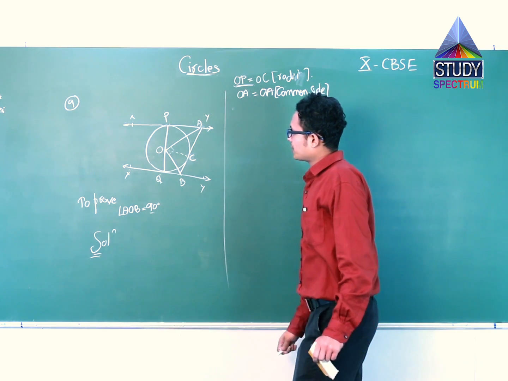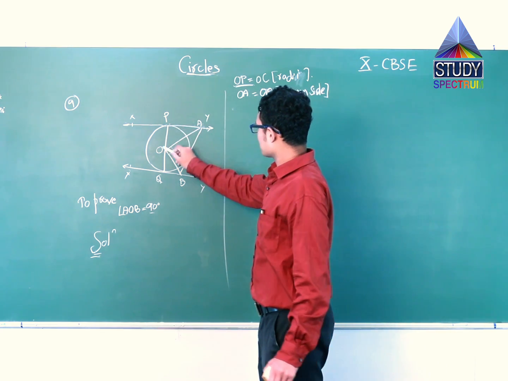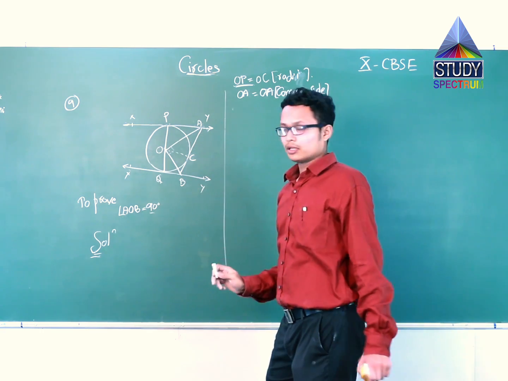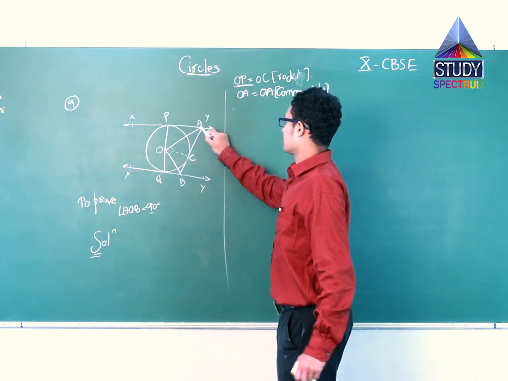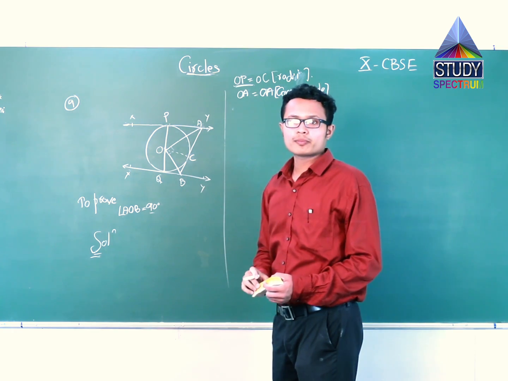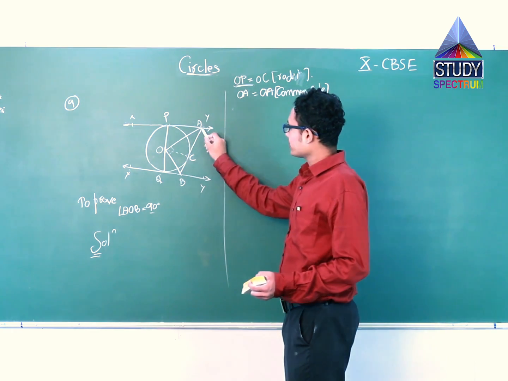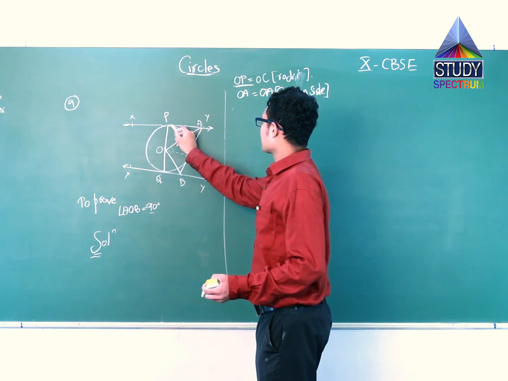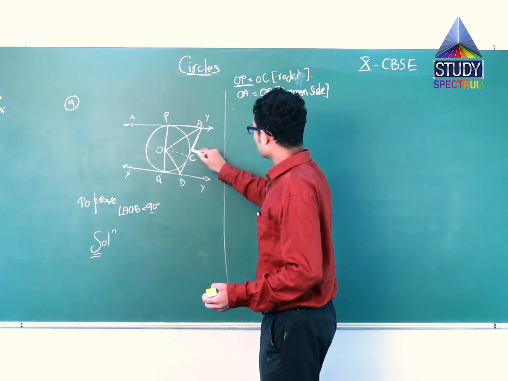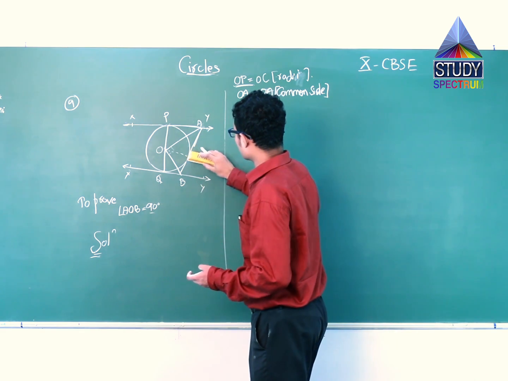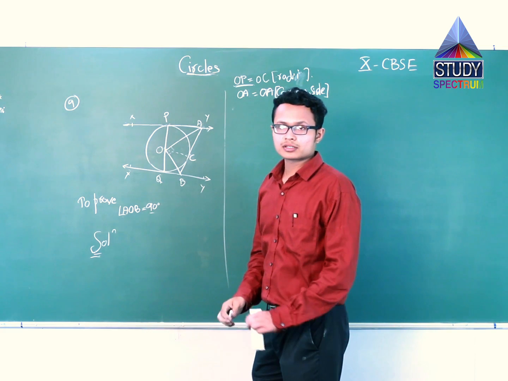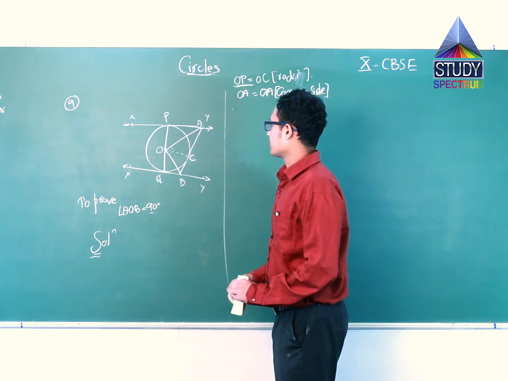And now what is remaining? Radius is done, OC is done, and the common side is also done. The remaining is tangents drawn to the circle from a point external to the circle. Point A is external to the circle, and there are two tangents drawn like this. So shouldn't they be equal? Yes, from theorem 10.2, tangents drawn from a point external to the circle are of equal lengths.